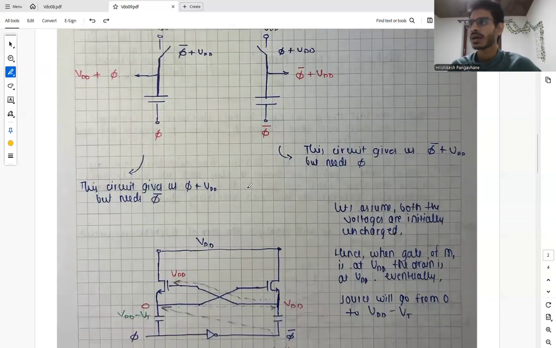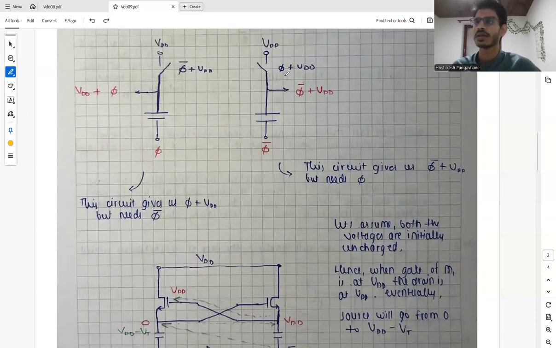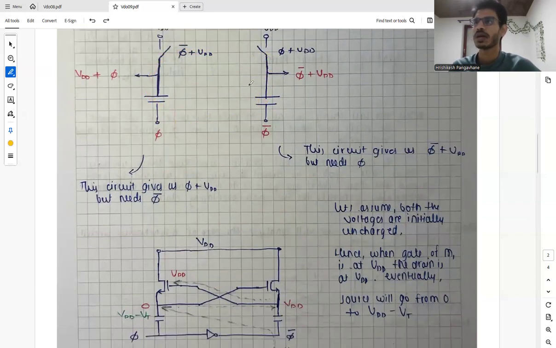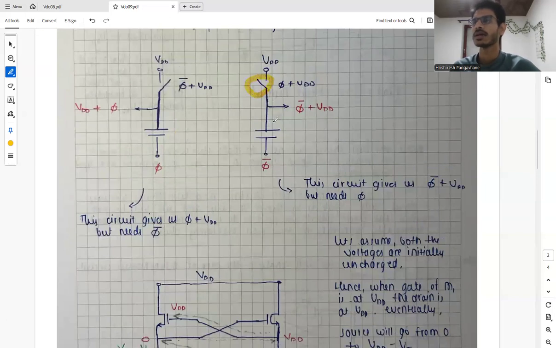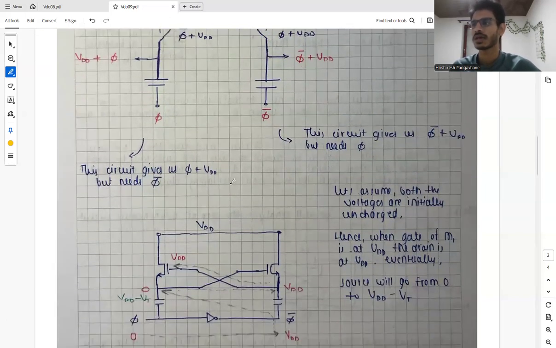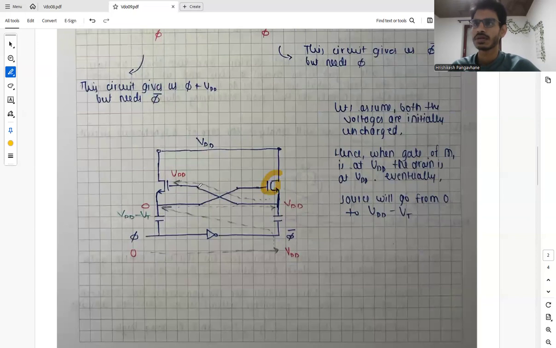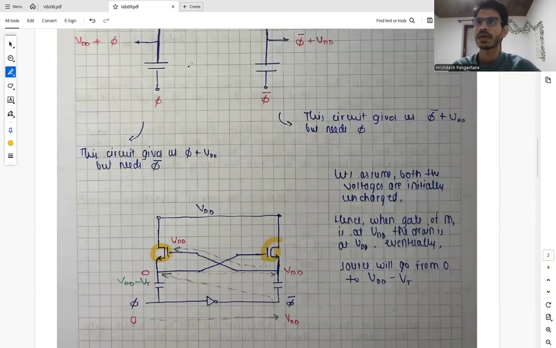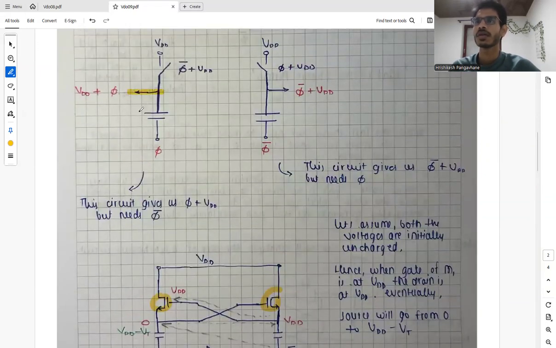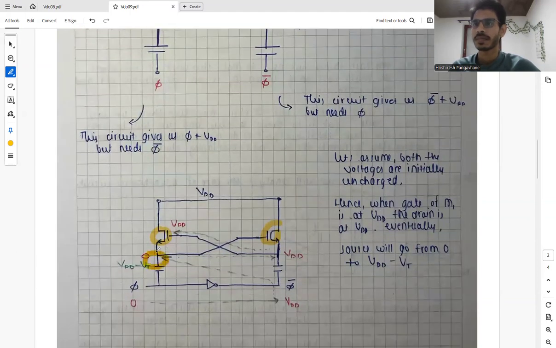So let's assume that we club these two together, and we implement these switches using NMOSes. So we have our NMOSes over here, and from these points we are getting our outputs.